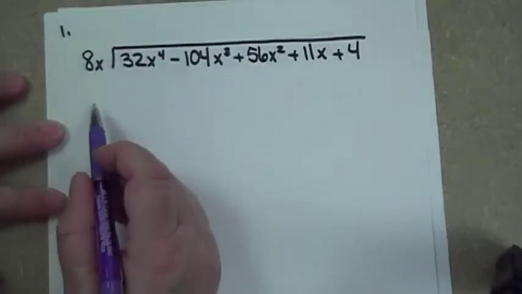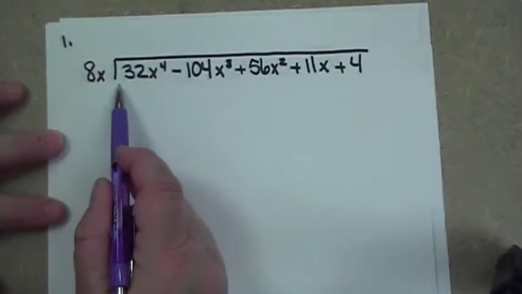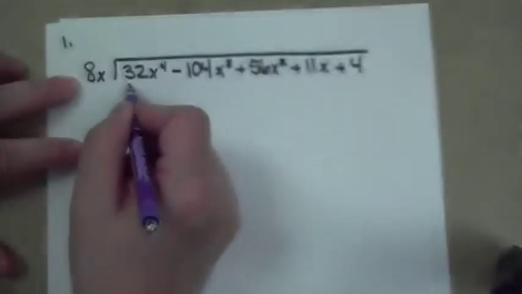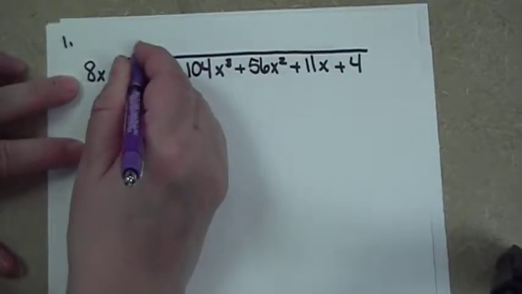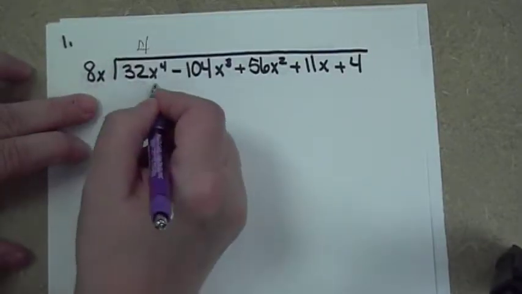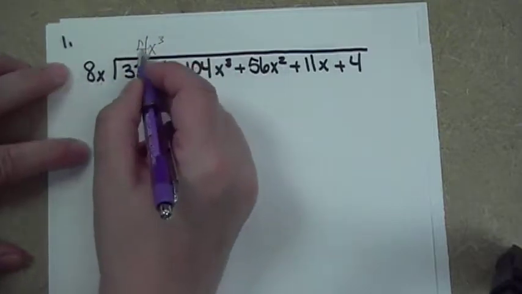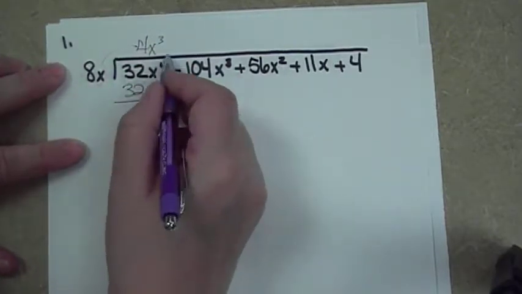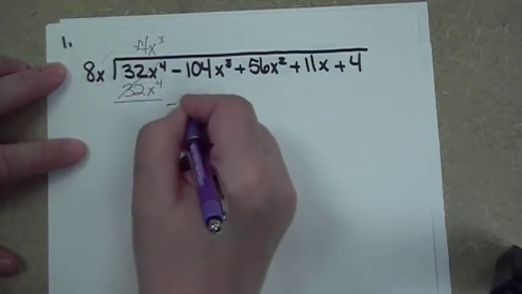Okay, so now in this case, we want to find out whether or not the 8x can go into each one of those. So 8x can go into 32. We know that is going to be 4 times, and we need 3 x's. So now multiply that, you get 32x to the 4th. Those cancel out, bring down the next term.